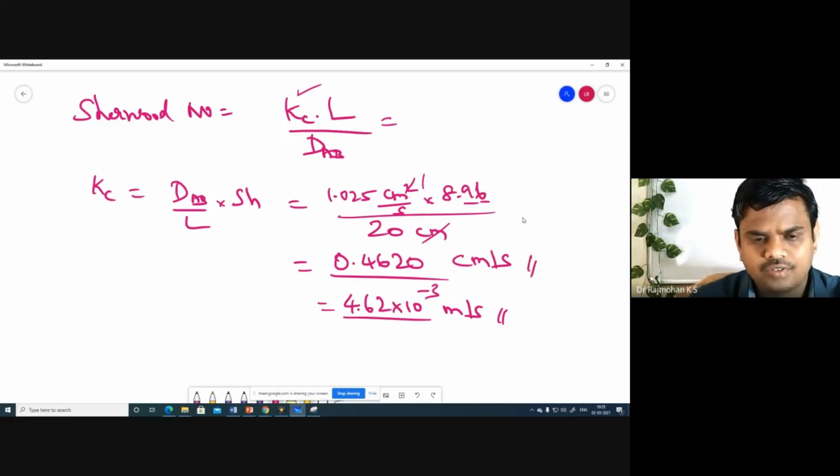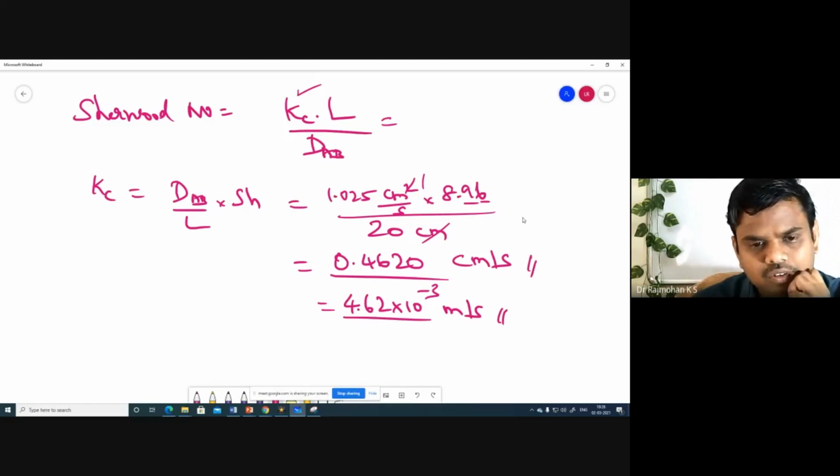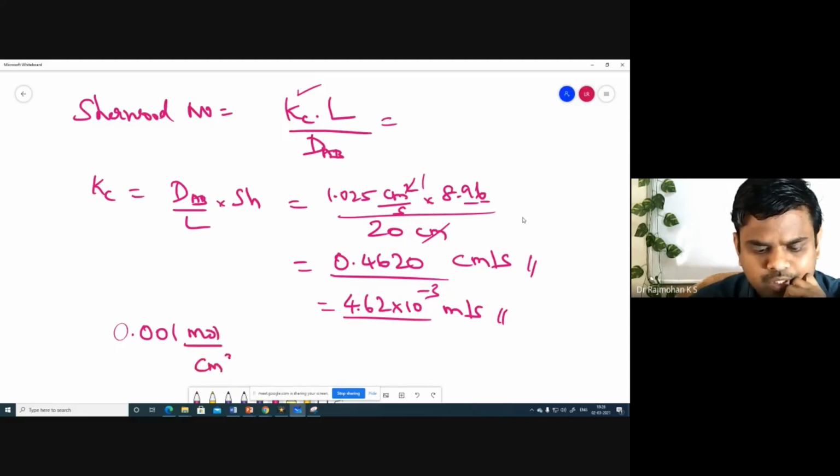Okay, if the Kc value is known, you can determine the total moles of the solvent. What is the total moles of the solvent? Initial concentration is 0.001 moles per centimeter cube.